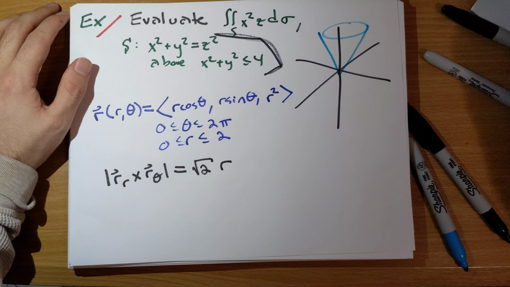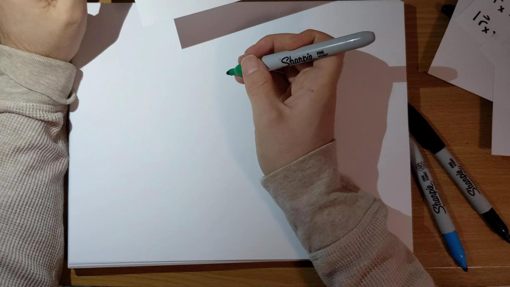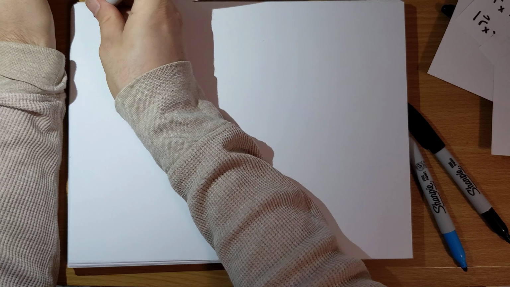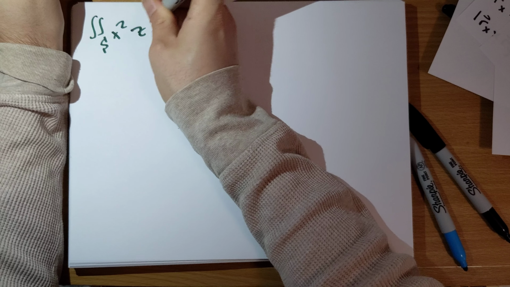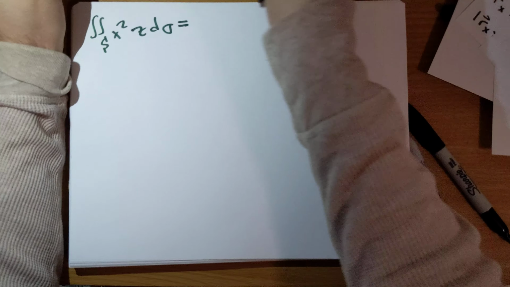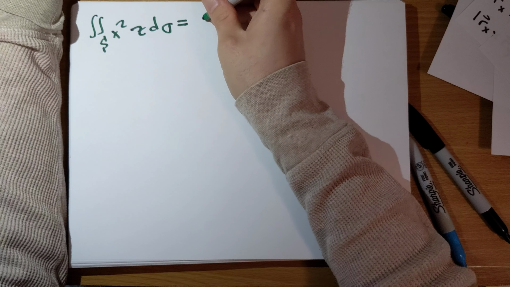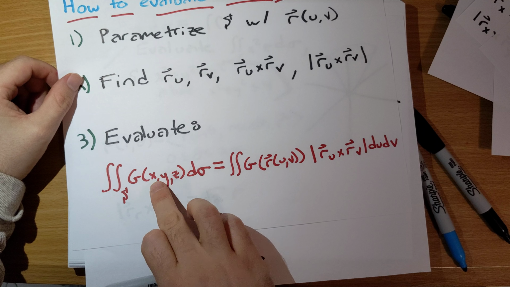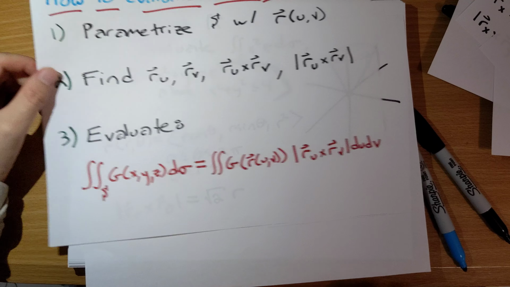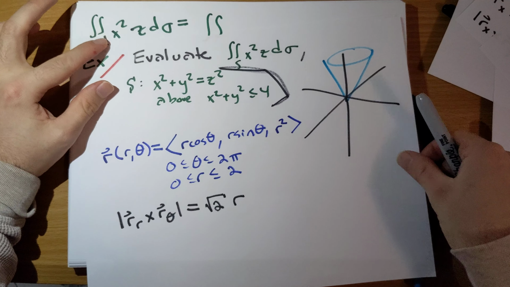And so then the integral that we are evaluating, the double integral over S of x squared z d sigma, is going to equal, okay, we need to replace, so this chart says here that we need to replace x, y, and z with the parameterized versions of them.